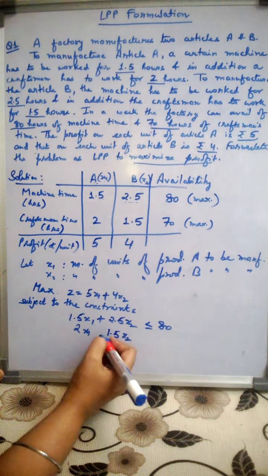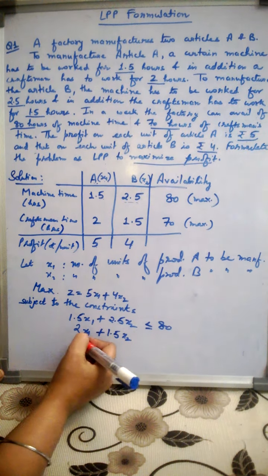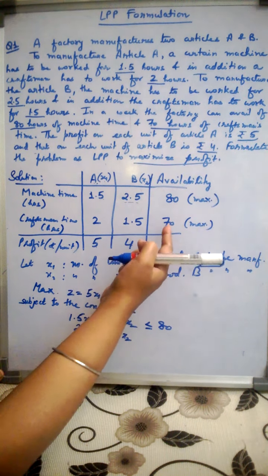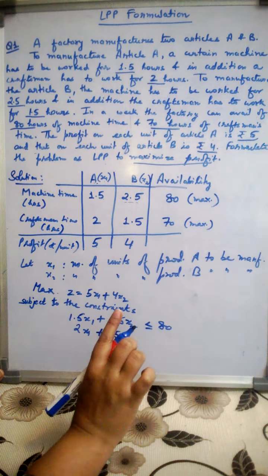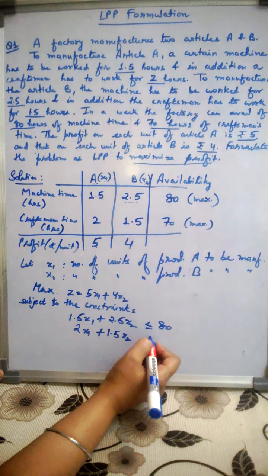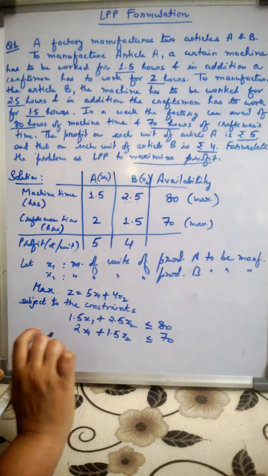So total craftsman time required in order to produce x1 units of A and x2 units of B is 2x1 plus 1.5 x2. Again, the factory can avail of maximum 70 hours of craftsman time. So this total consumption of craftsman time cannot be greater than 70. So these are the two constraints.